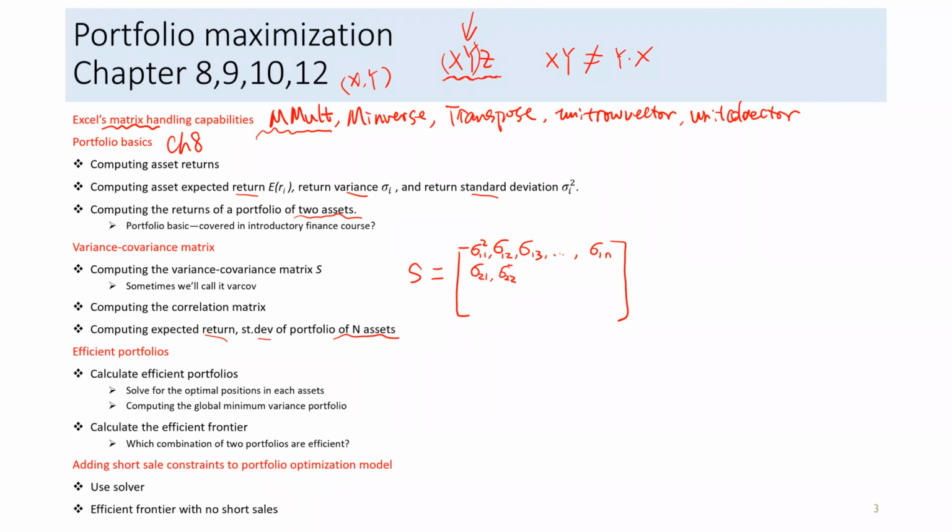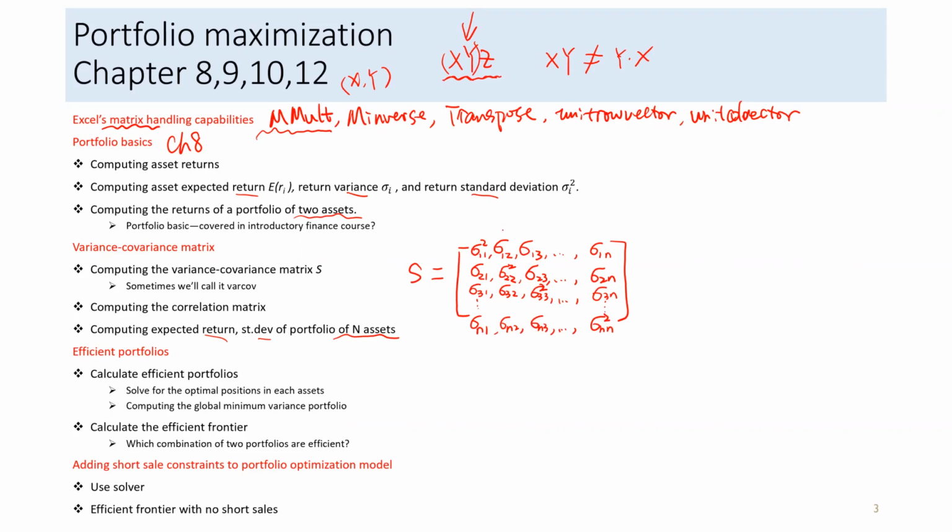Another name for it is the variance of asset 2. Here, 2, 3. And the third row, 3, 1, 3, 2, 3, 3. This is the covariance. This is the variance. So all the way down, we have n1, n2, n3, and nn. So this is also a variance.